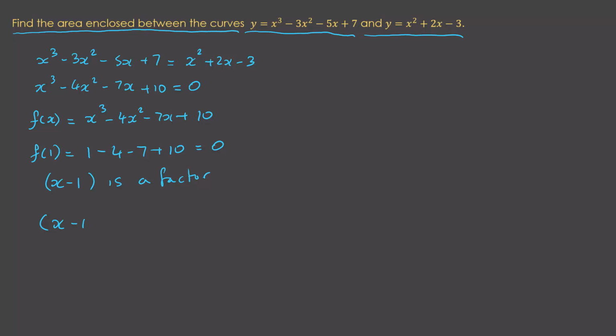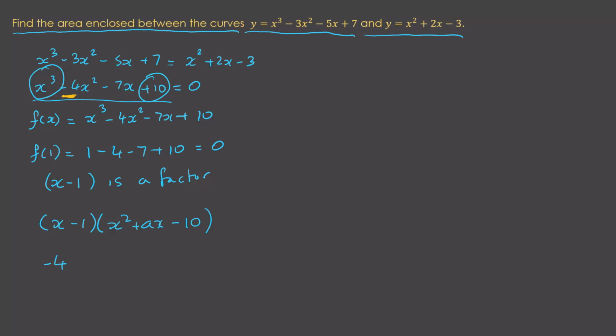So I've got x minus 1 times some quadratic would give me this cubic. Now because this starts x cubed, this has got to start x squared. Because it ends plus 10, we'd have to have a negative 10 in here. I'm not sure how many x's, but now what I can do is use the coefficient of x squared.